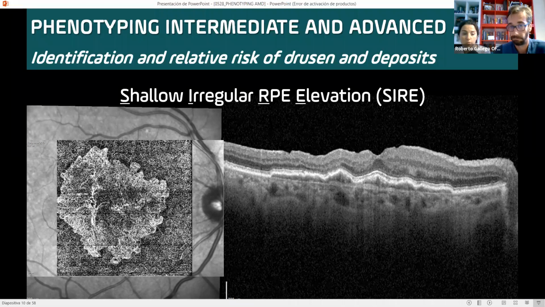This was reported by this Australian group. And yeah, normally now there's a consensus on calling these elevations of the RPE without exudation SIRE, or shallow irregular RPE elevation. But this is not only seen in patients with AMD, is that right?